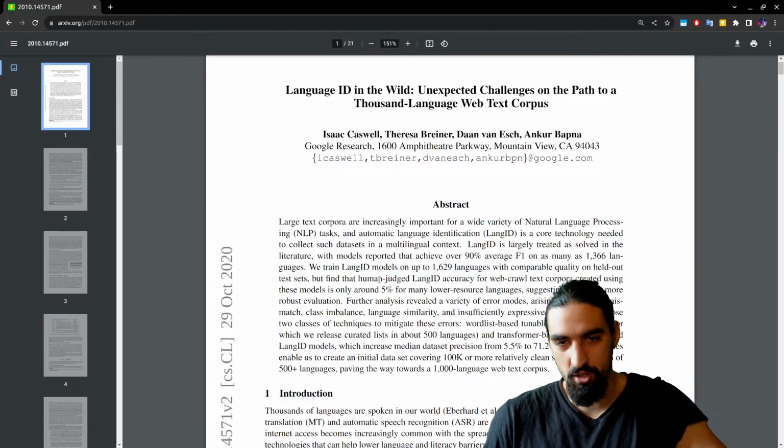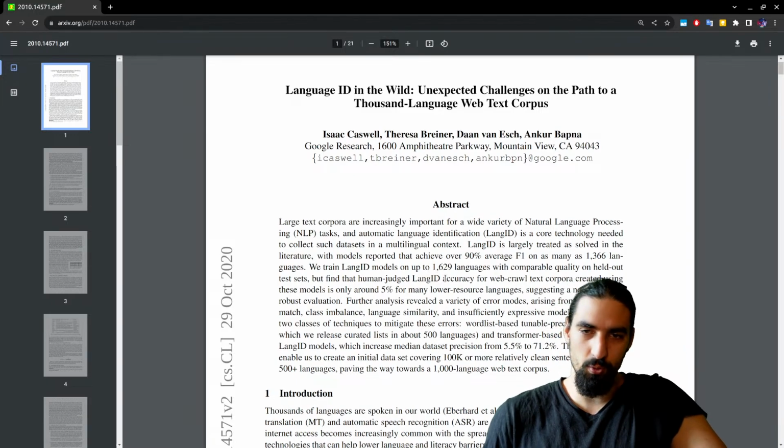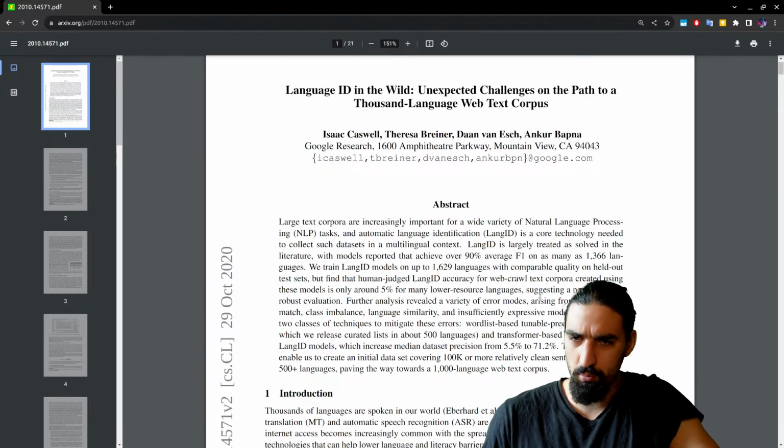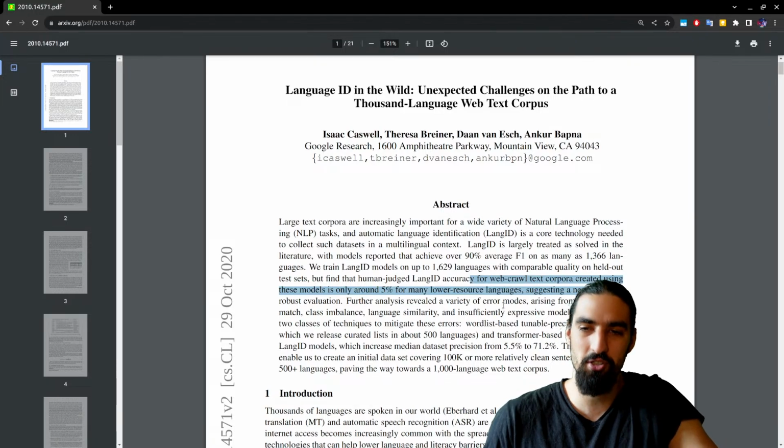We trained language ID models on up to 1,629 languages with comparable quality on held-out data, but find that human-judged accuracy for web crawl text corpora created using these models is only around 5% for many lower resource languages, suggesting a need for more robust evaluation.